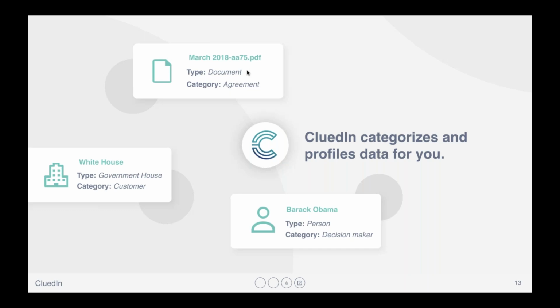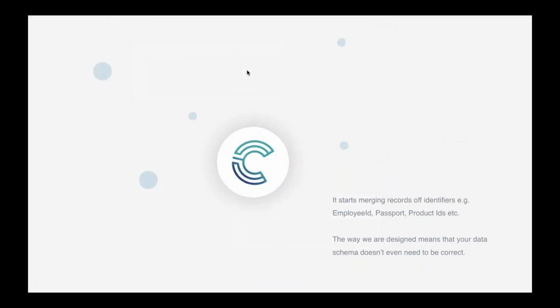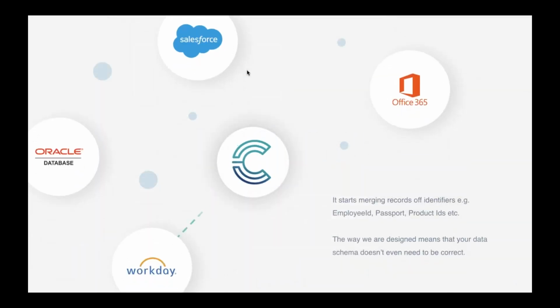These are all different categorizations of essentially a core entity type like a person. So Clued In has built-in categorization to help us understand our data a little bit more before we look into building this unified view.